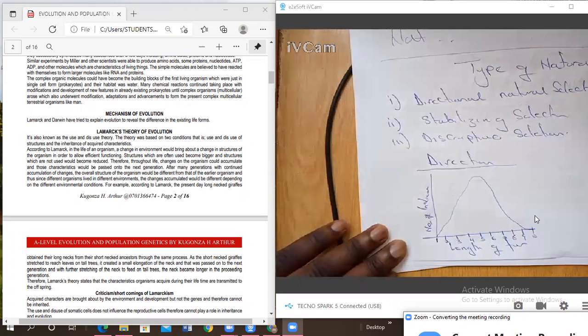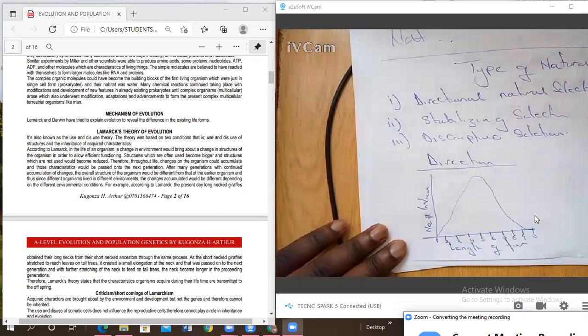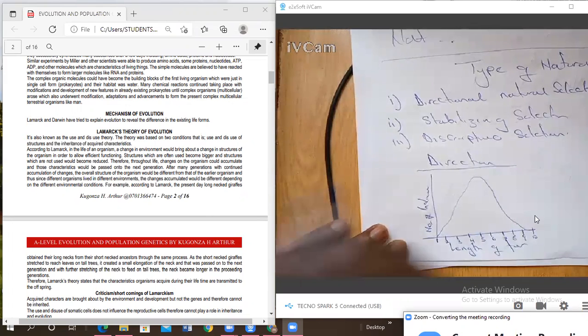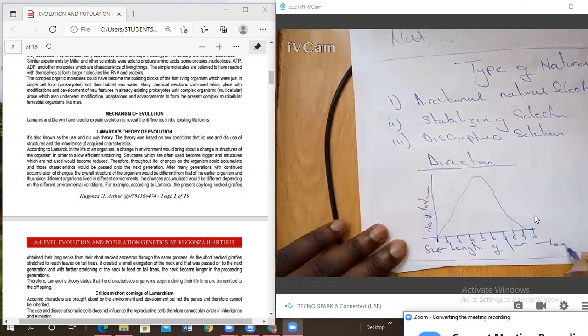In this graph, we have three groups. We have those we call intermediates, those who are between the length of 4 to 6. Then we have those at the extreme end: this side is short, and this side we have long. Therefore, we have three categories here.